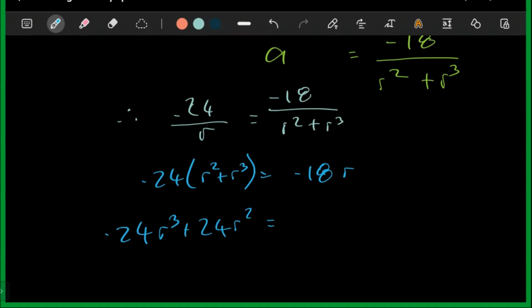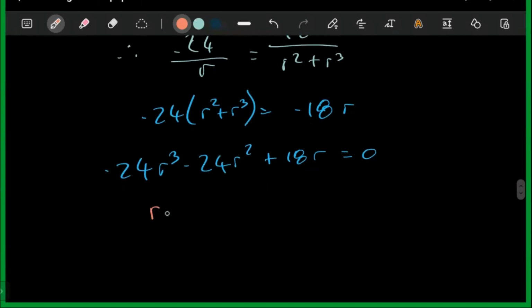I just wrote it out so that the 3 comes first and the 2 afterwards. And then if the 18 comes over, it's going to become a plus 18r equal to 0.